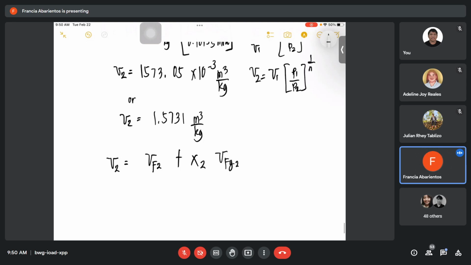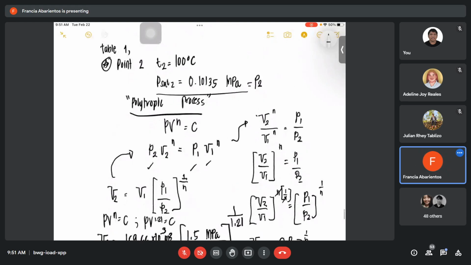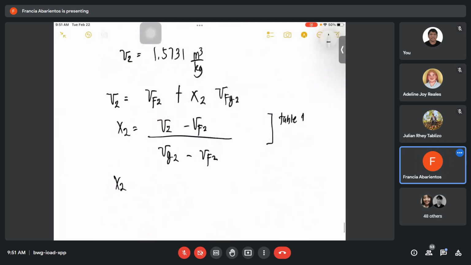Okay? Or we have now the quality at point 2 minus VF2 all over the VG2 minus VF2. Okay? In your steam table, gagamitin mo pa rin dito yung table 1, page 3, at temperature mo is 100 degrees Celsius.